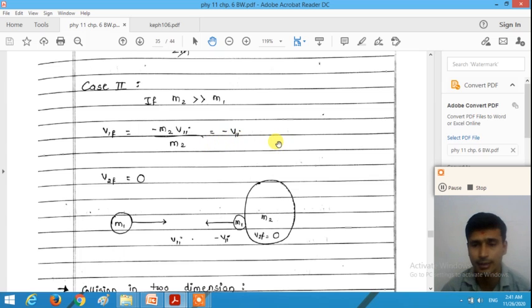It is exactly the same as the velocity of the first object, but in the opposite direction. But the second object does not move in the direction of the motion, right? So the final velocity of the second object is 0.